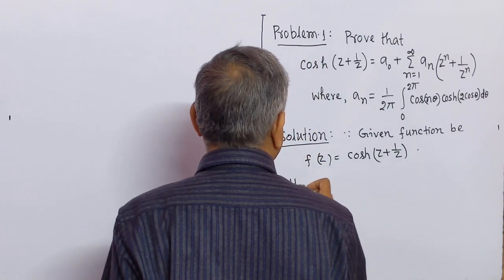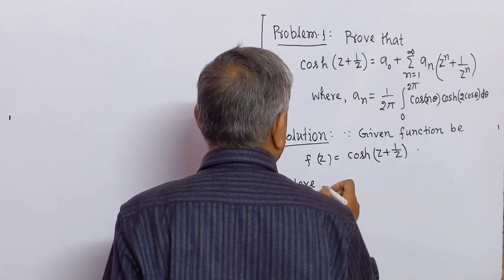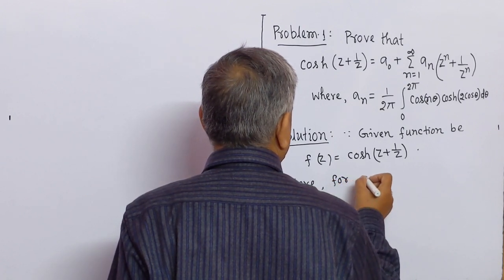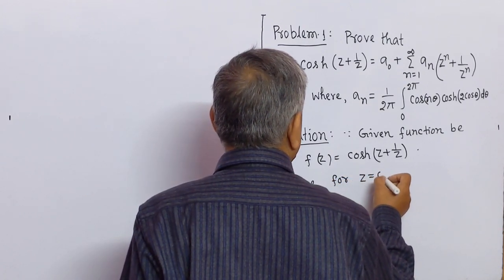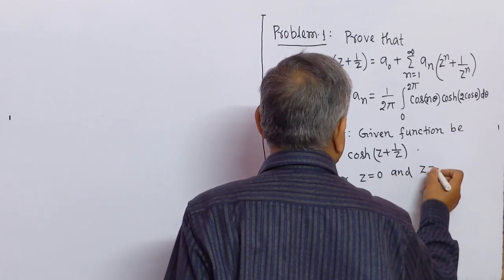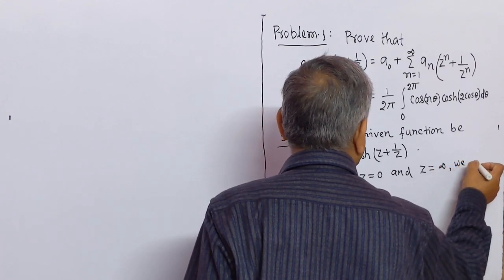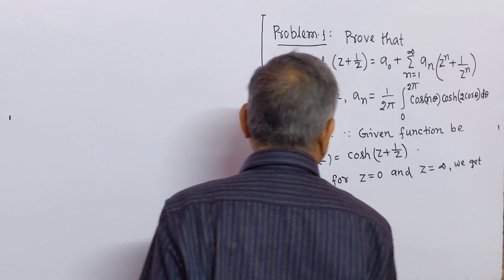Here, for z equal to 0 and z equal to infinity, we get singularities.